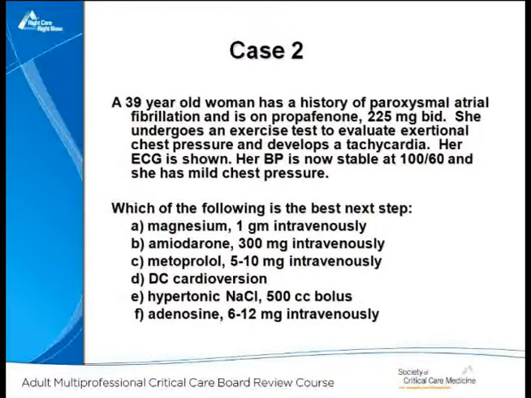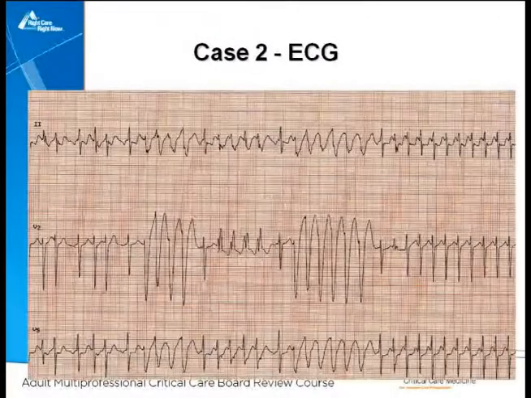Okay, so this is a 39-year-old woman with a history of paroxysmal atrial fibrillation. She's on propafenone, which is a Class 1C antiarrhythmic drug. She undergoes an exercise test to evaluate exertional chest pressure and develops a tachycardia. Her ECG is shown. Her blood pressure is now stable at 100/60, and she has mild chest pressure.